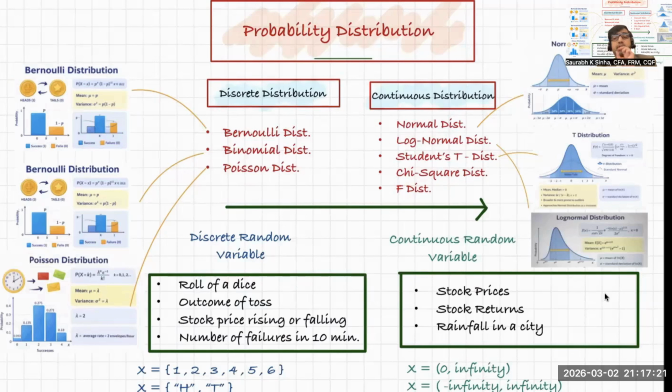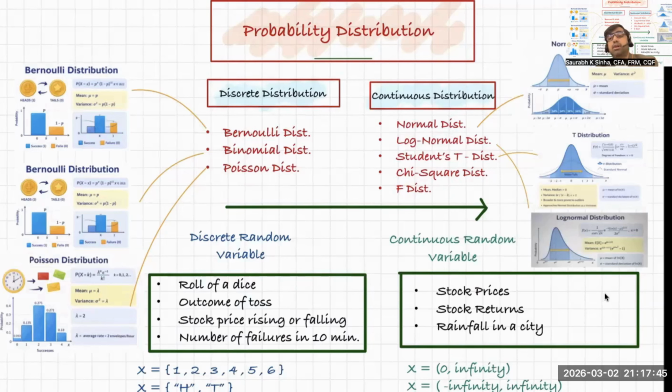So if you know that stock return follows normal distribution or stock prices follow log normal distribution, your prediction and forecasting become much easier and much more robust. That is why you are studying probability distribution in the CFA or FRM curriculum.